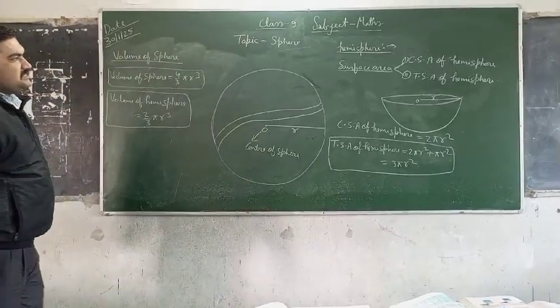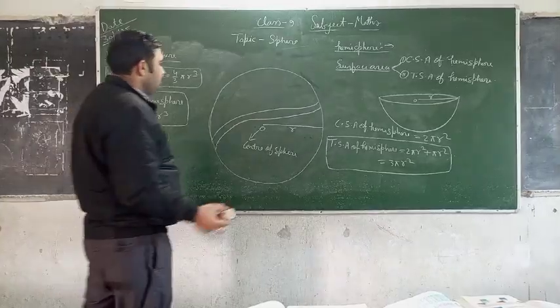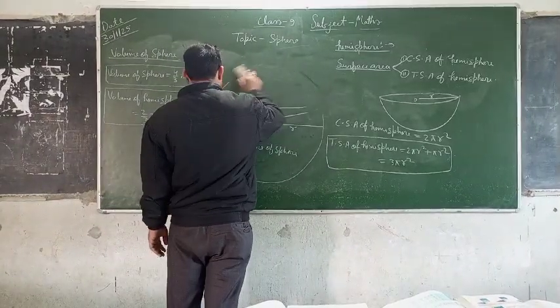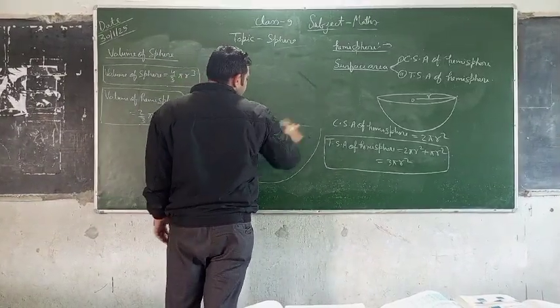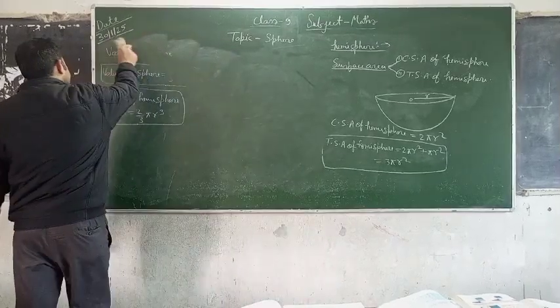Volume of hemisphere, that is 2 by 3 pi r cube. Some examples on the sphere and hemisphere. Okay. Now surface area and volume.